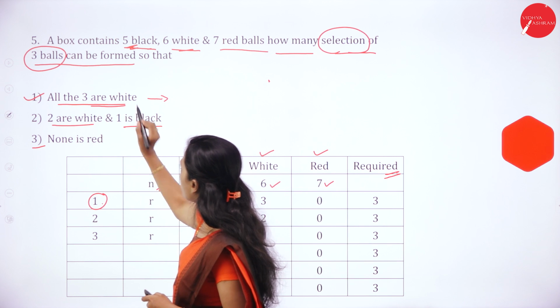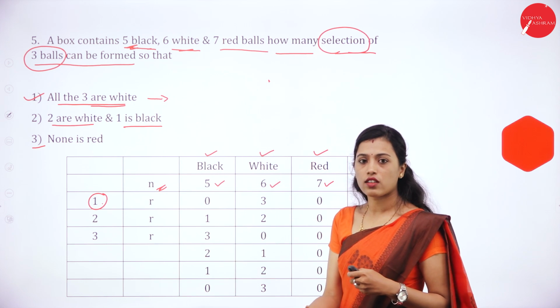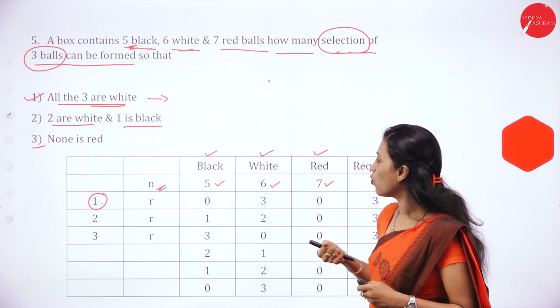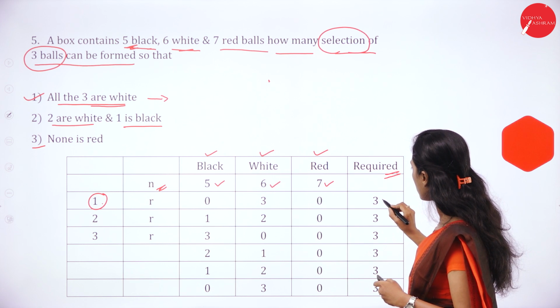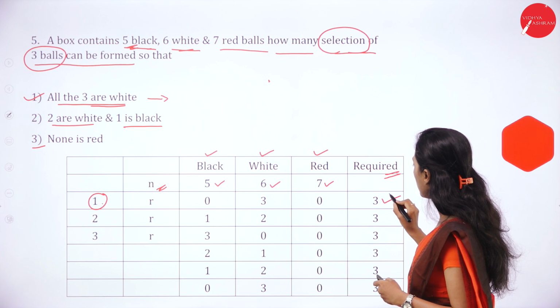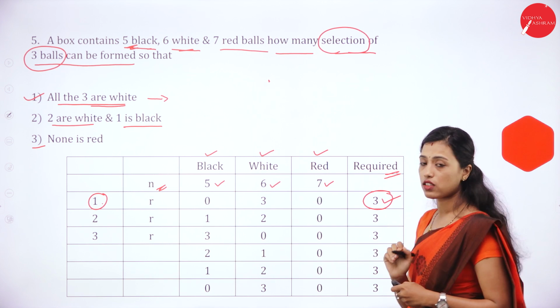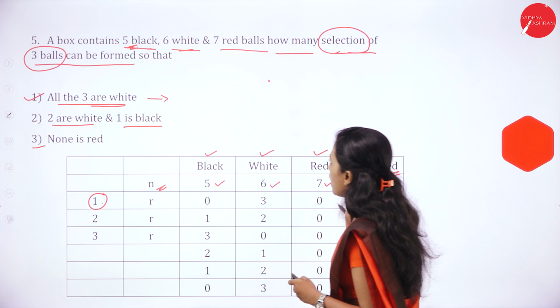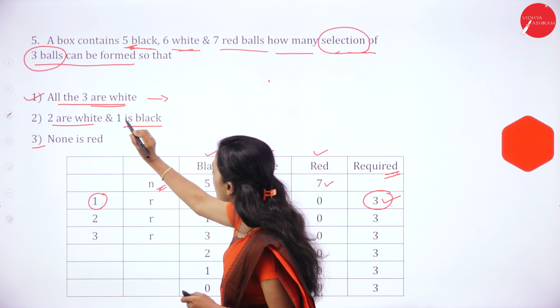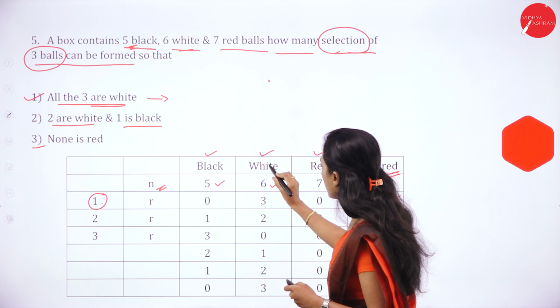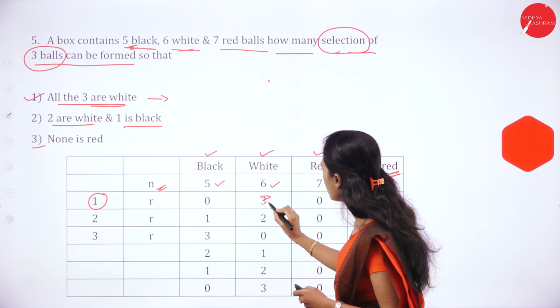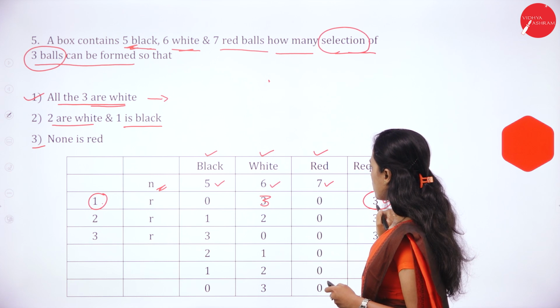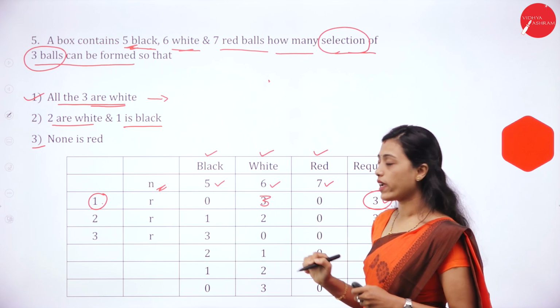All the 3 are white. The selected all the 3 balls are white. So, requirement is how much? 3. Because we are going to select only 3 balls. So, requirement is 3. Condition is all the 3 are white. Selected all the 3 balls are white balls.